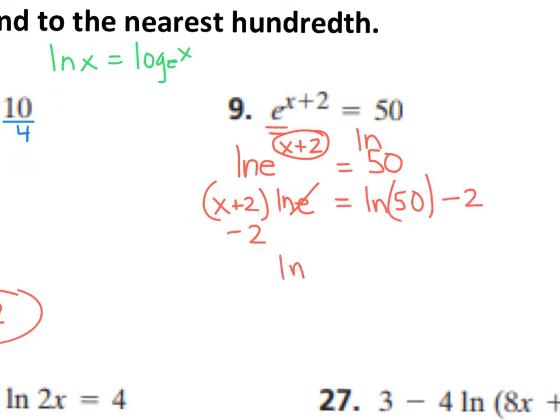So this will be x equals, this does not equal the natural log of 48. It's actually the natural log of 50, close the parentheses, and then subtract 2. So this is approximately 1.91, to the nearest hundredth.